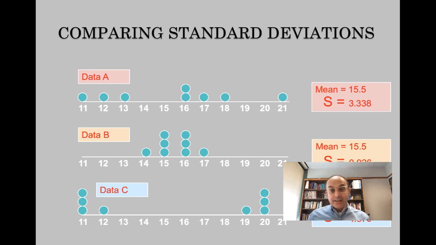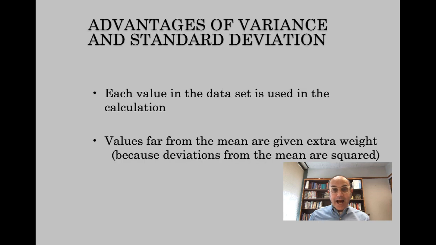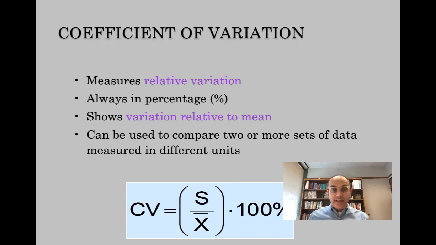So in this case, a story of where the distribution is, how the average distribution is laid out. So the advantage and the disadvantage: each value of the data set is used in the calculation. The values that are far from the mean are given extra weight, and it is important that we keep that in mind.